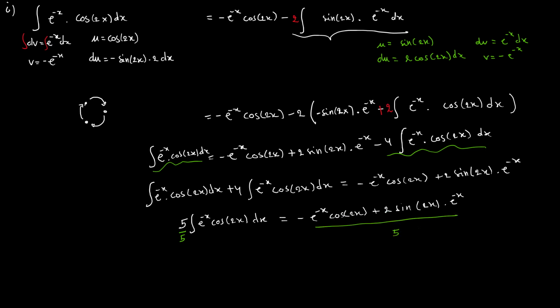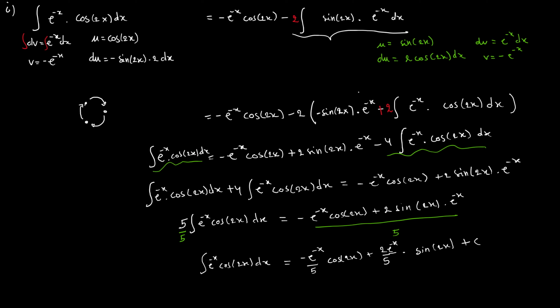And that will tell us that our integral of e to the power of negative x cosine 2x dx is equal to minus e to the power of negative x over 5, cosine 2x plus 2 over 5, and I'll write e to the negative x already here, times sine 2x plus c.